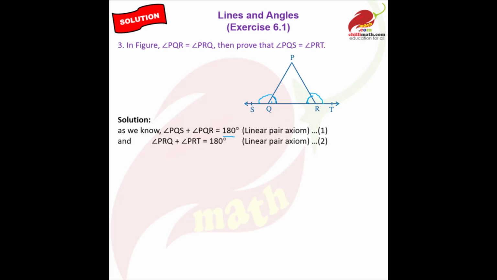Also PRQ plus PRT is equal to 180 degree, again linear pair. Now from 1 and 2, when right hand sides are equal, so are their left hand sides. As PQR is equal to PRQ, we can cancel them. Therefore PQS is equal to angle PRT.